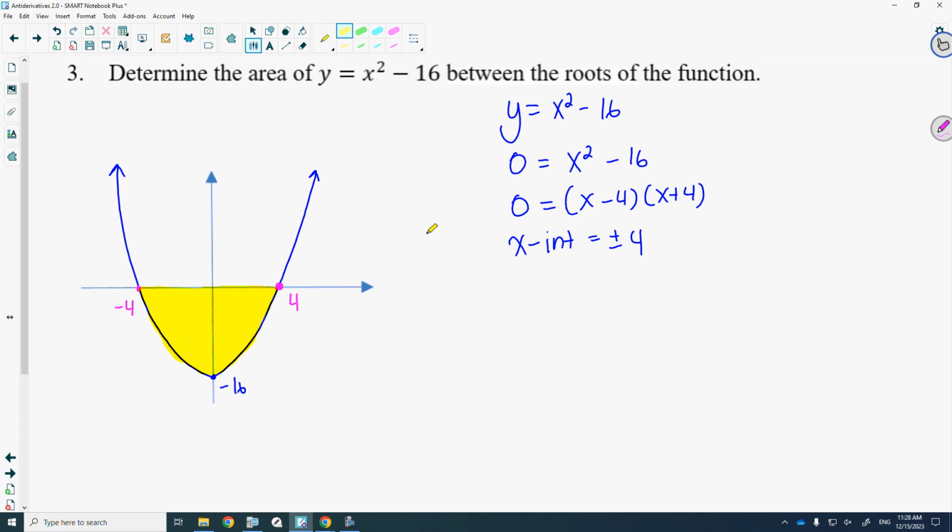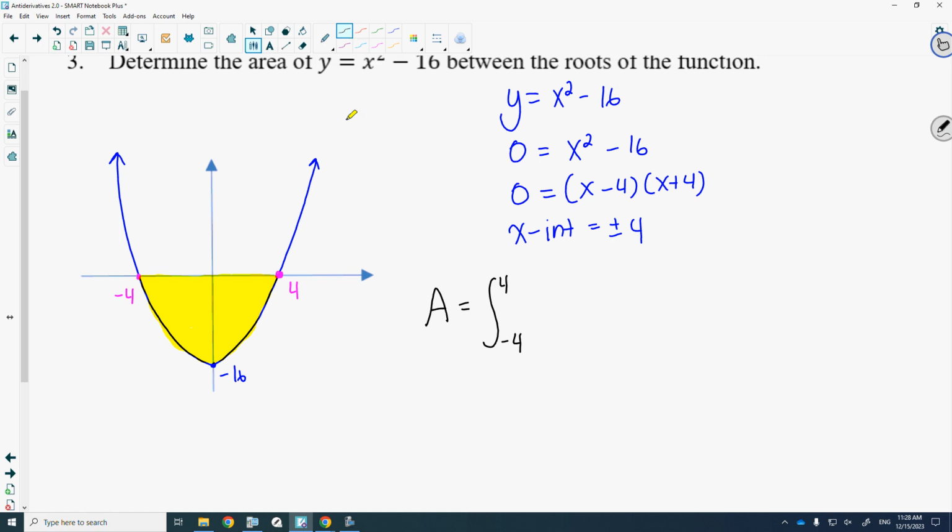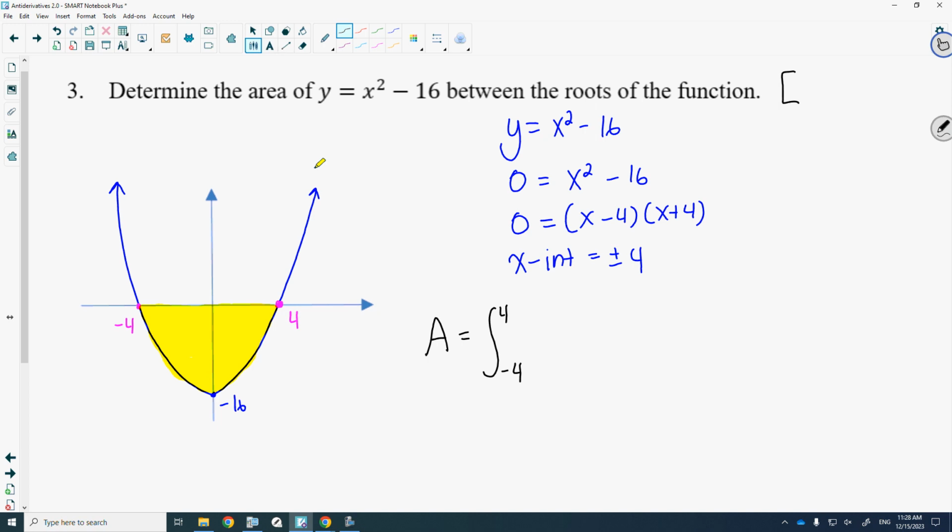So how are we going to write this? Okay, so the area that we're getting is going to be from integrating from -4 to 4. Between the roots of our function would give us the interval from -4 to 4. So that would give me my a value and my b value.